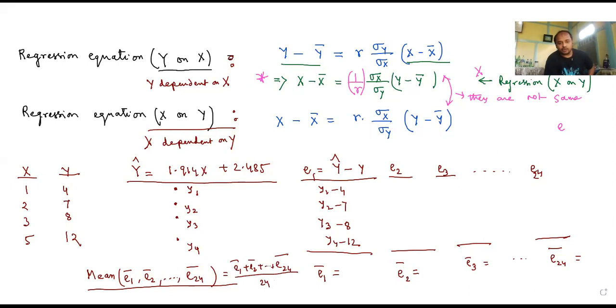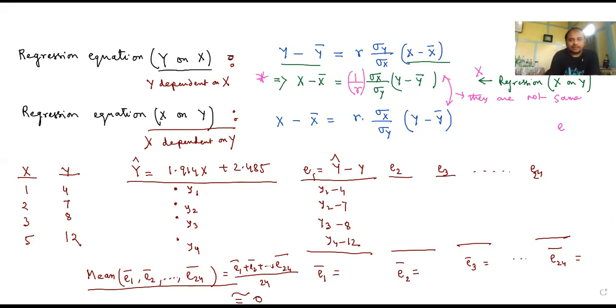If I do so, then it will be approximately equal to 0, or it may become exactly equal to 0. That is why it is said that the random error has mean 0. This is the meaning of that.